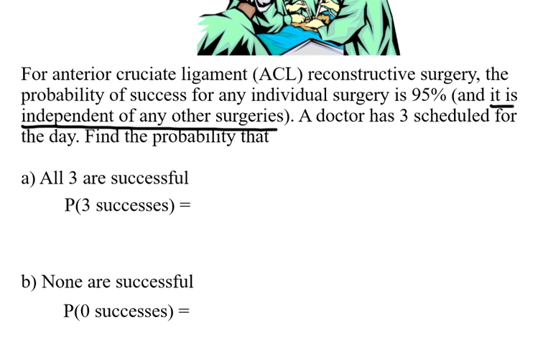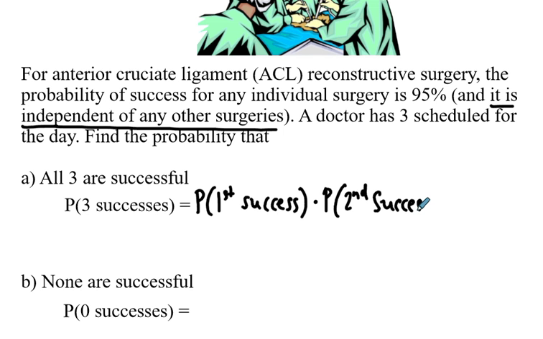Well, because these are independent events, this is just going to be the probability of the first success times the probability of the second success given the first was successful. Because these are independent, I can just write the second one is a success times the probability the third is a success.